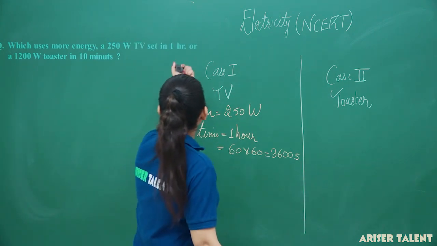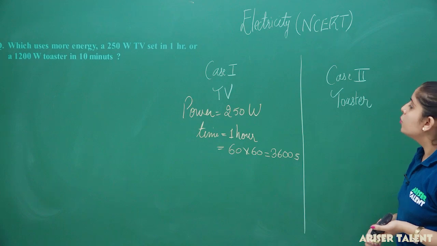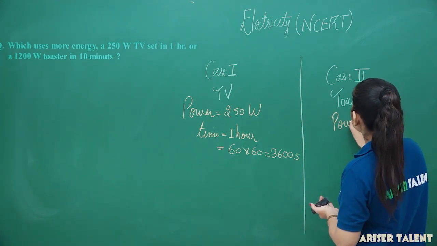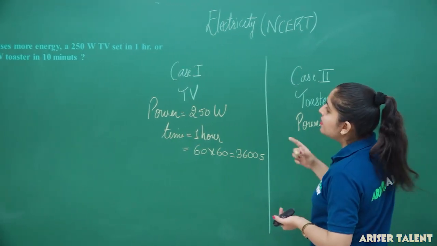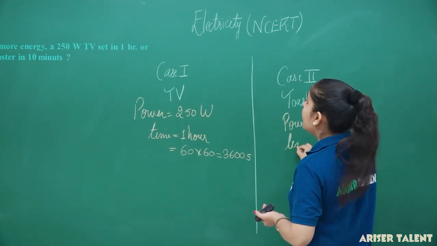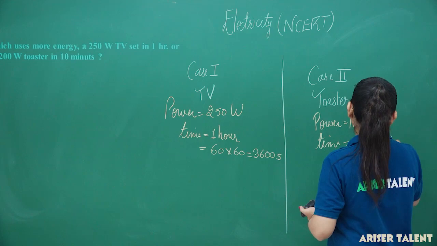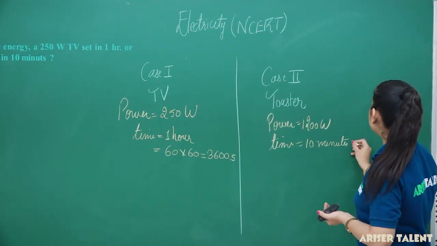Now, our second part is we are using the toaster for 10 minutes. The toaster has a power of 1200 watt. Time here is 10 minutes, and 10 minutes means 10 into 60, that is equal to 600 seconds.